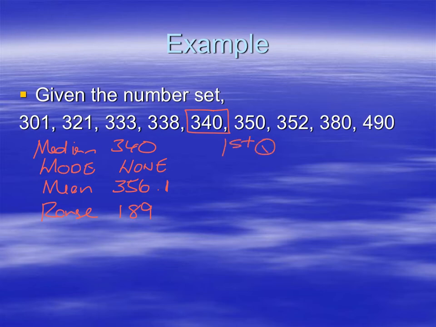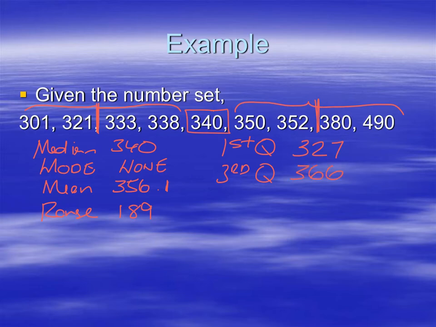Other stats I could find: the first quartile is going to be the median of these 4, which would be the average of those 2. So if I add those up and divide by 2, my first quartile would be 327. My third quartile would be the median of these, so the average between 352 and 380, which would be 366. That means my IQR, subtracting those, would be 39.